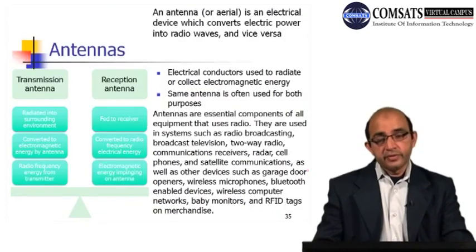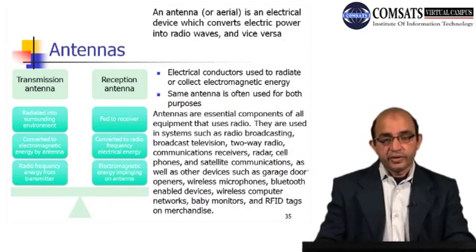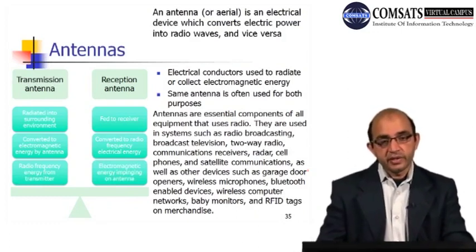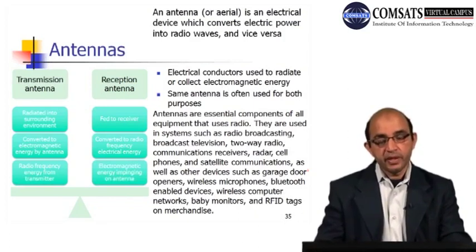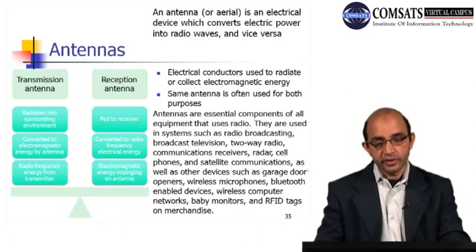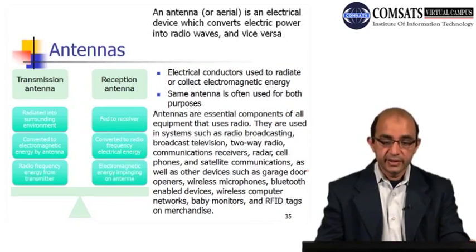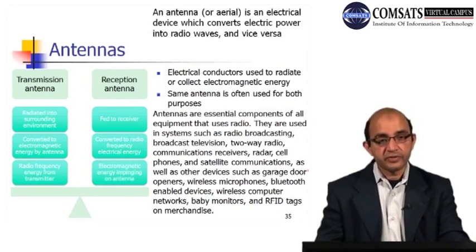In order to have communication, we need certain components, and one of the main ingredients of communication is the antenna. An antenna is a device that converts electrical signals, electrical power, or electrical waveforms into radio waves, and vice versa.